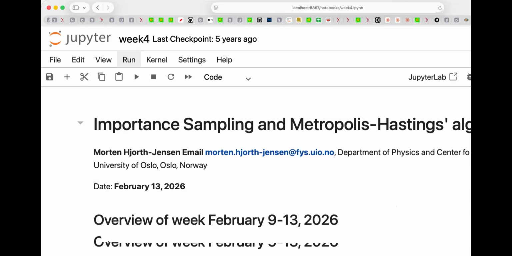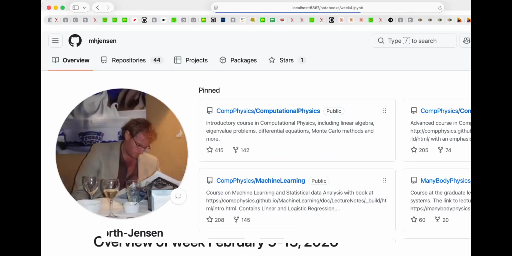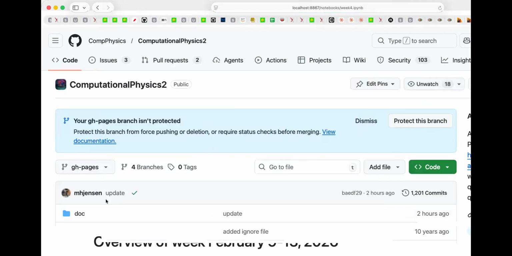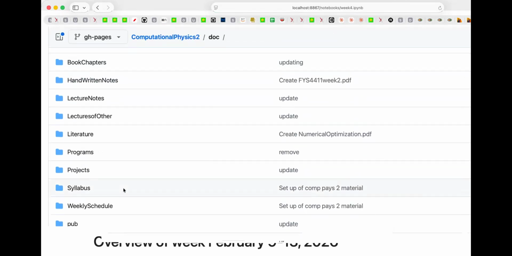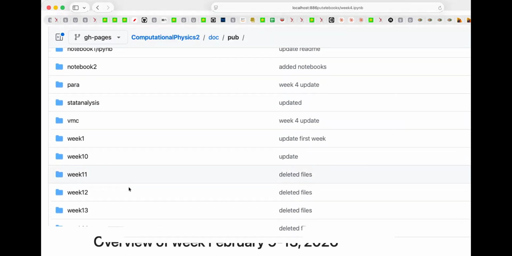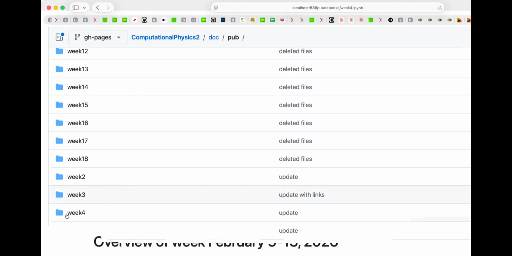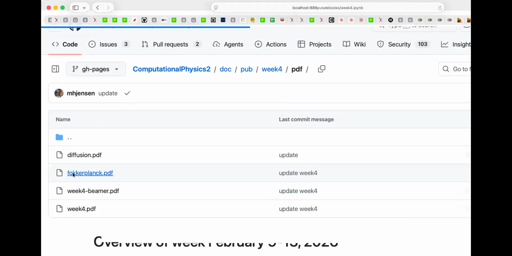And actually, I have prepared some additional slides. So if you go to the doc folder, let me point to that before we move on. If you go to the folder where I published the teaching material, and you go to this week, under the PDF files I made some additions.